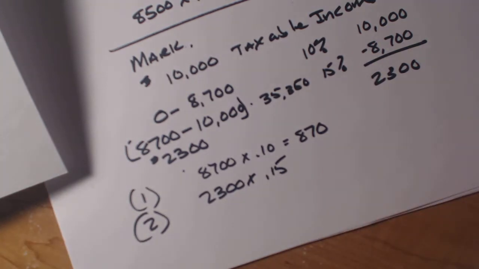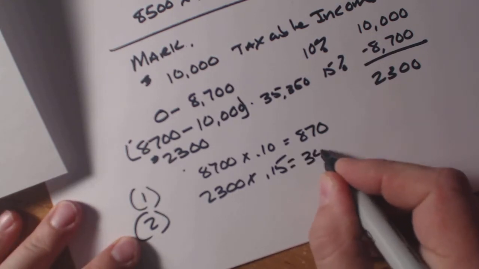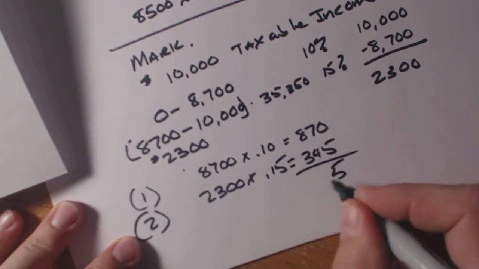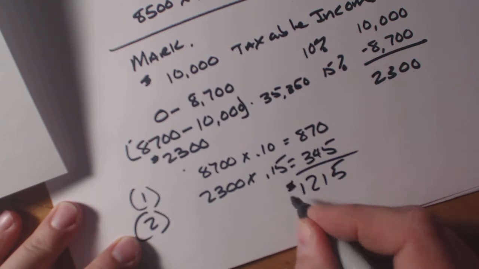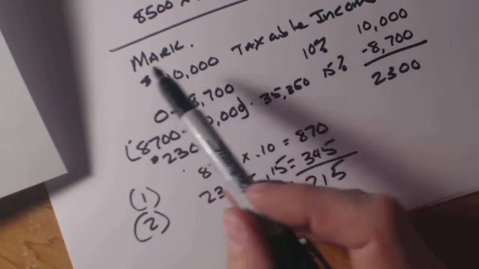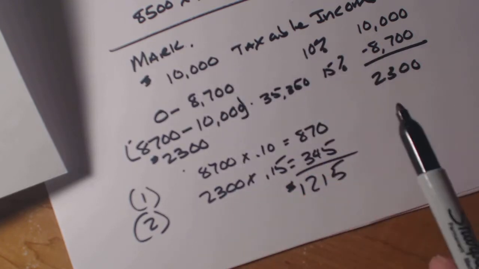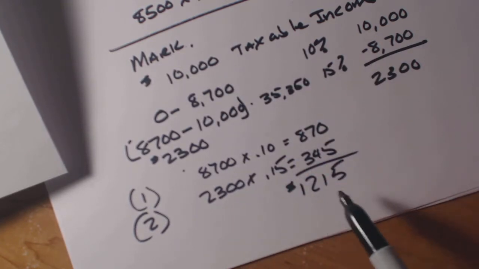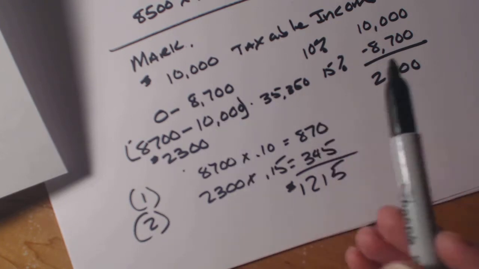Let's pull up the quick calculator: 2,300 times 0.15 is equal to $345. So quick addition: Mark, who makes $10,000 in taxable income, will have to pay $1,215 in tax.